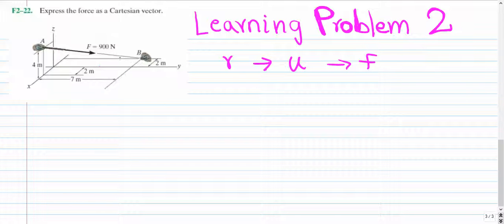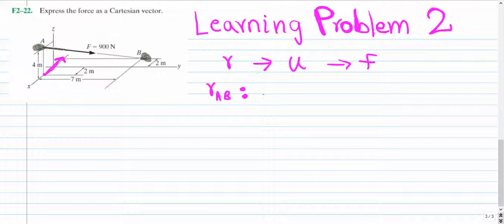Okay, so let's get started. Let's first find the length vector r from A to B, or AB. In order to find the length vector r, its component in the x direction is 4 meters towards the negative x direction, as the vector starts at this point on the x-axis and it moves towards the negative x-axis for 4 meters.